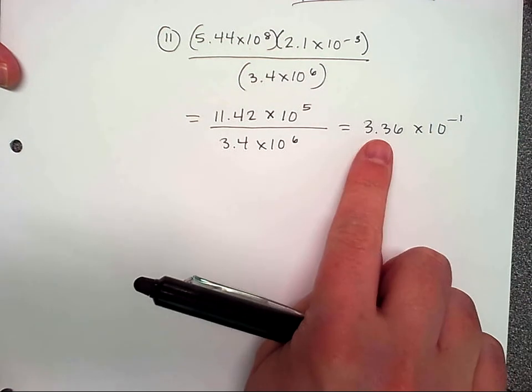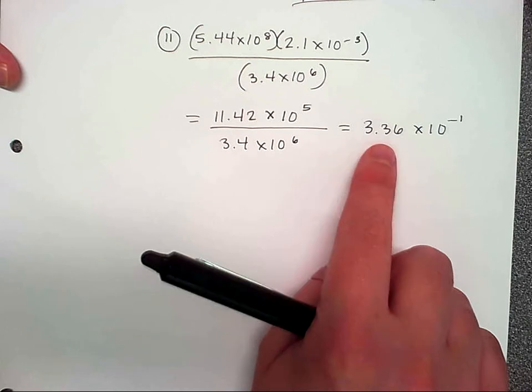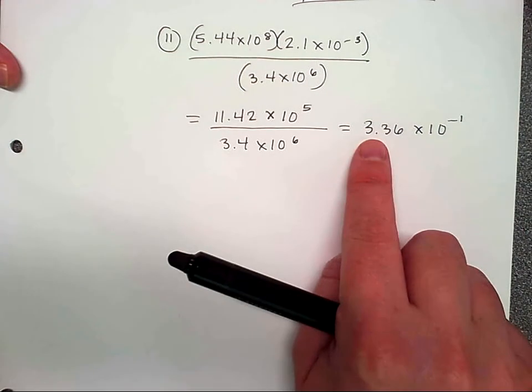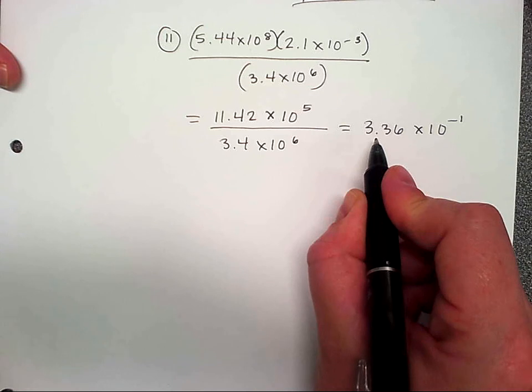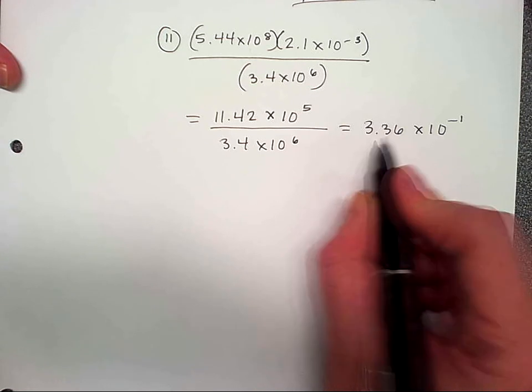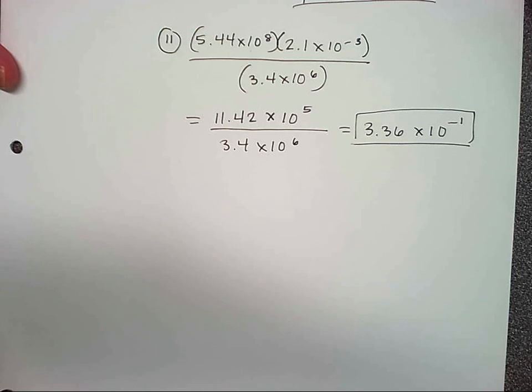Good, negative 1. So see how I didn't need to convert that? You would have added an additional step, and then you would have had to undo it here at the end. So this is in scientific notation. The number to the left of the decimal is between 1 and 9, right? So we're good. Okay, so we're good with this? Yep.